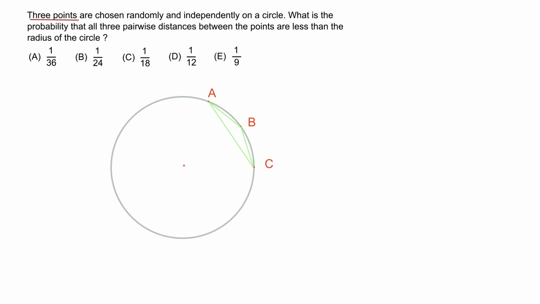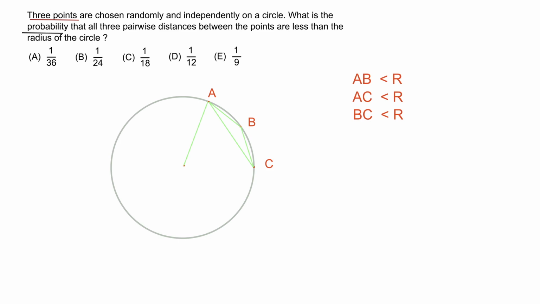So this is the radius right here, like that. They want you to create a scenario where AB is less than R, which represents the radius, AC is less than R, and BC is less than R, like that.